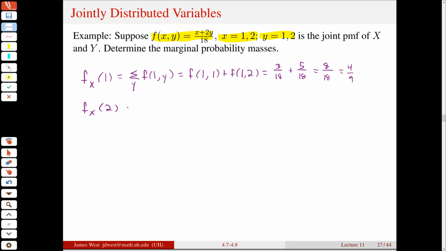We calculate fx of 2, which is the sum over all possible y of f of 2, y, which is f of 2, 1 plus f of 2, 2. Plugging in 2 and 1, we get 4/18, and plugging in 2 and 2, we get 6/18, which gives us a total of 10/18 or 5/9.